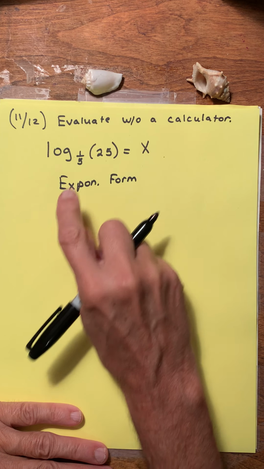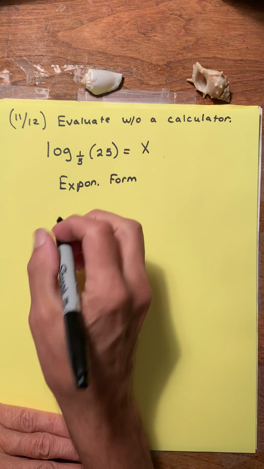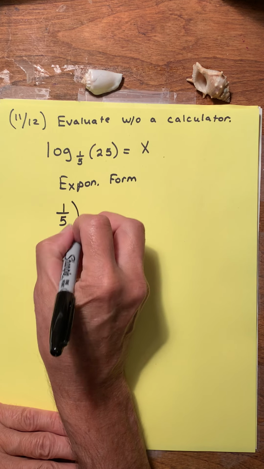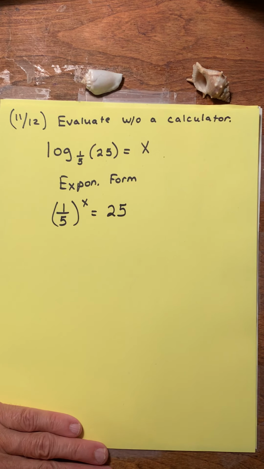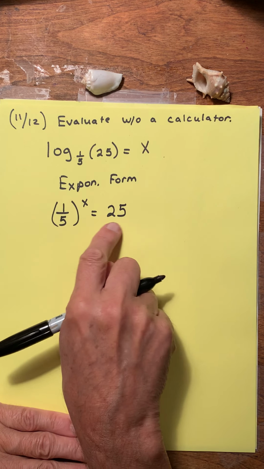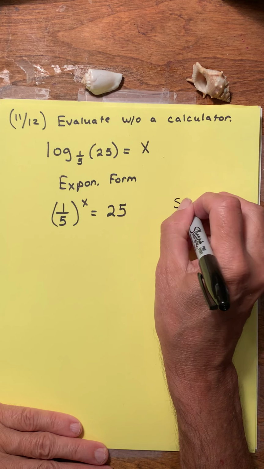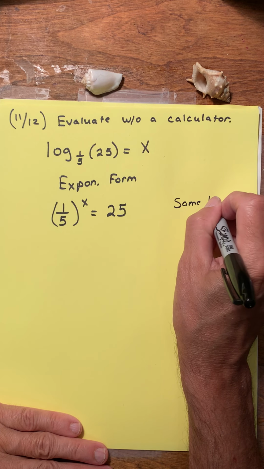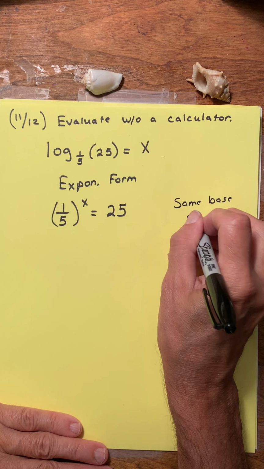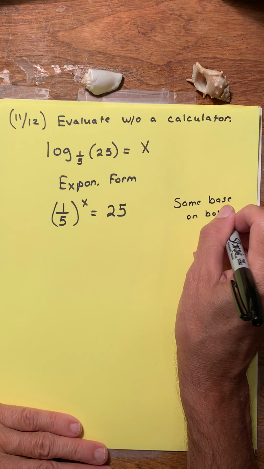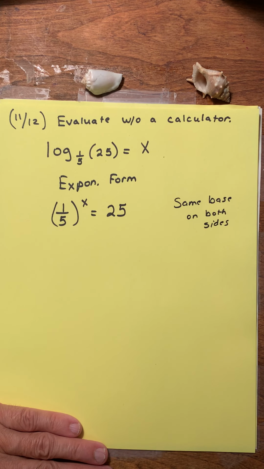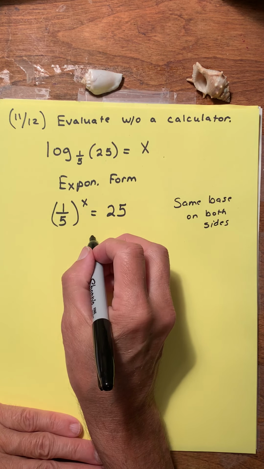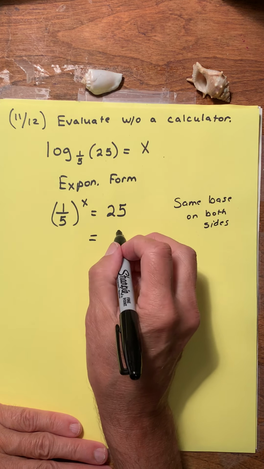You see? 1/5 to the x power equals 25. Now this is where I have to get the same base on both sides. You see what that base is going to be? Probably going to be 5. I would suggest 5. 25 is 5 squared. That's easy.